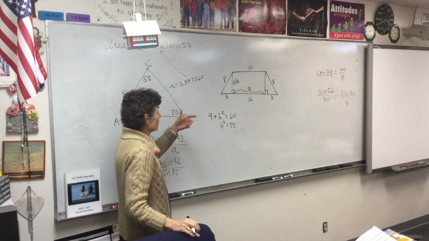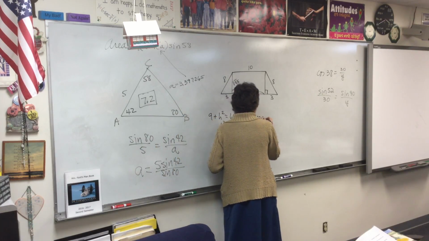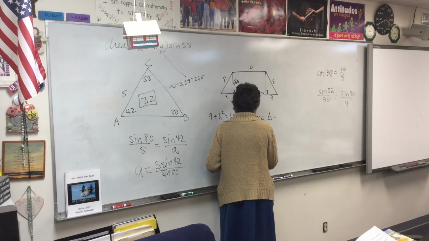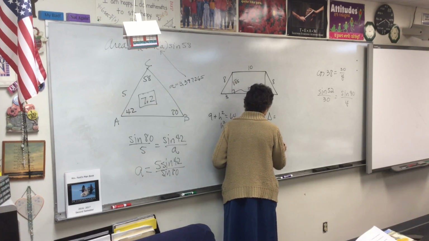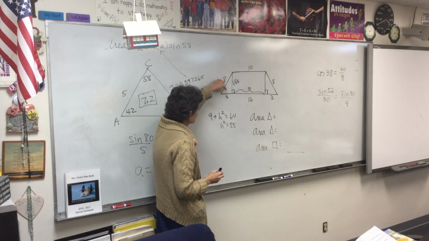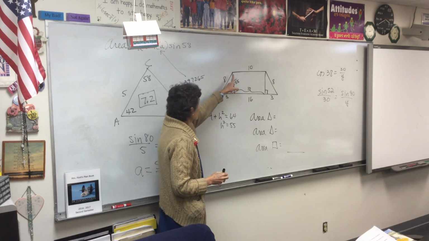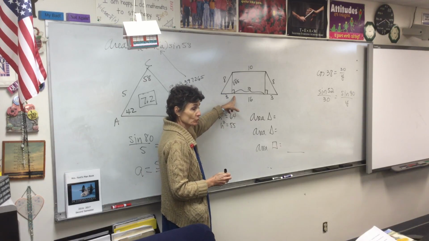So now I actually have what I need if I want to use the trapezoid formula, or I can find the area of the little triangles, there are 2 of them, and then the area of the rectangle, and add them up. This is a right triangle, that is a 90-degree angle, it's a height, it's an altitude.